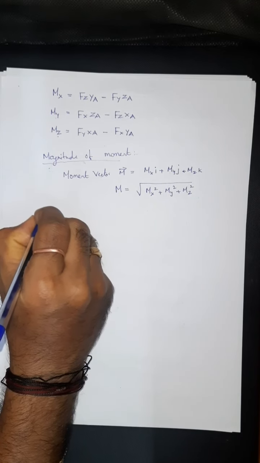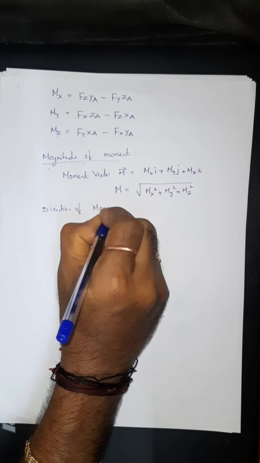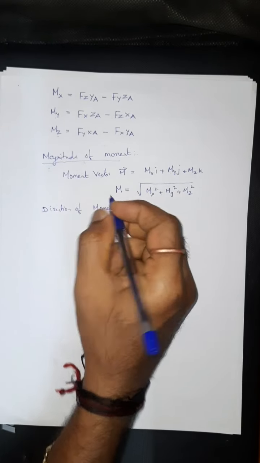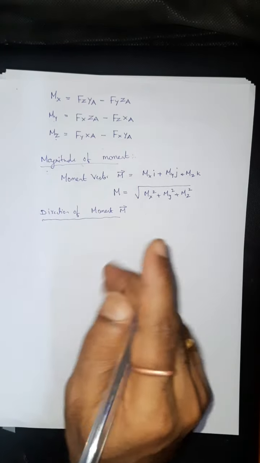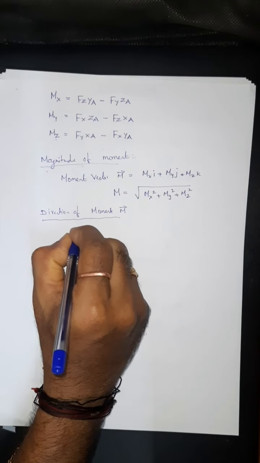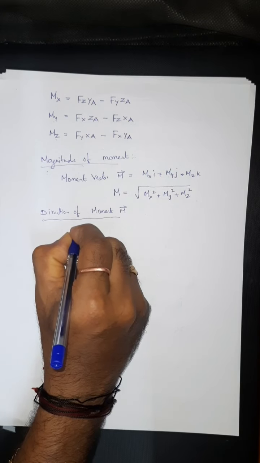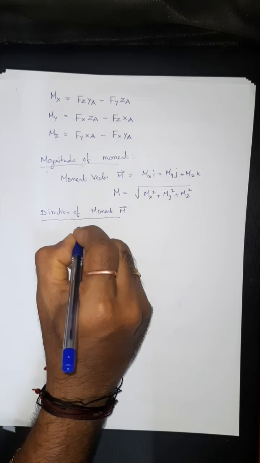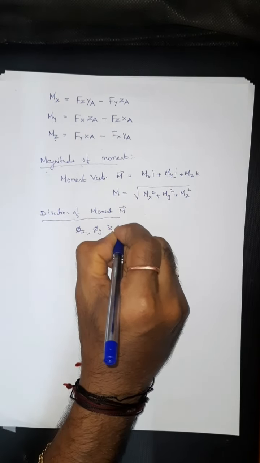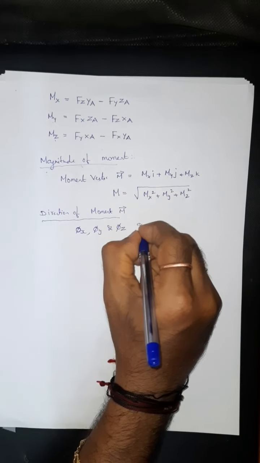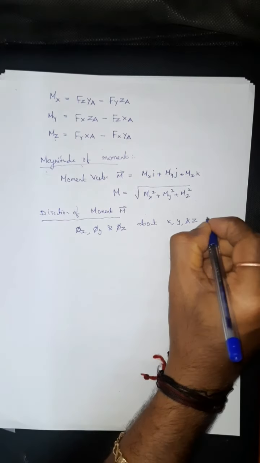Now the direction of the moment. Let the moment vector M make angles, let me just take this as phi x, phi y, phi z about the x, y and z axes respectively.